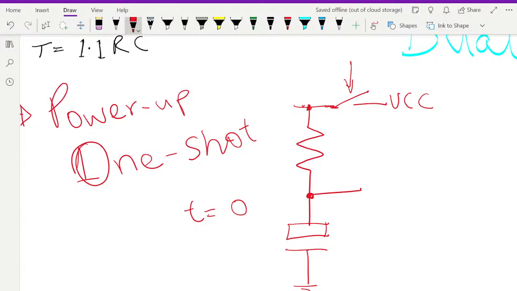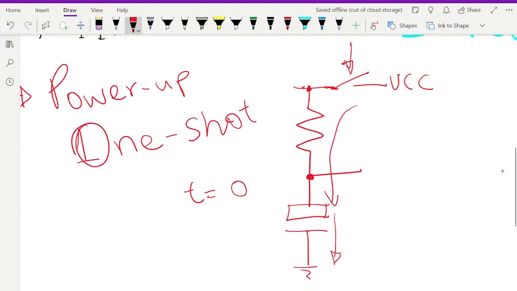The moment you close this switch, power goes through this, and this capacitor momentarily will see the terminals shorted out. The reason is that we know that a capacitor is an AC short but a DC open. So to a DC circuit is an open, to a DC power supply is an open circuit. To an AC circuit, it is a short circuit.